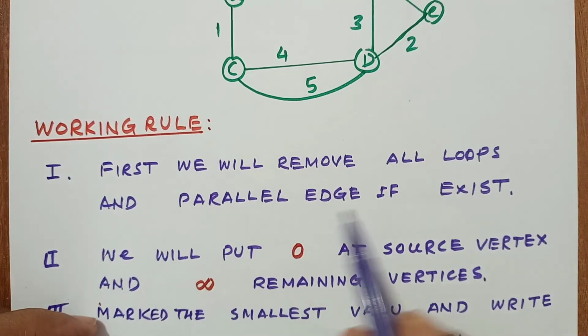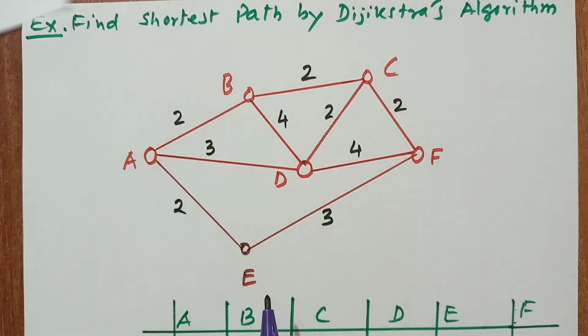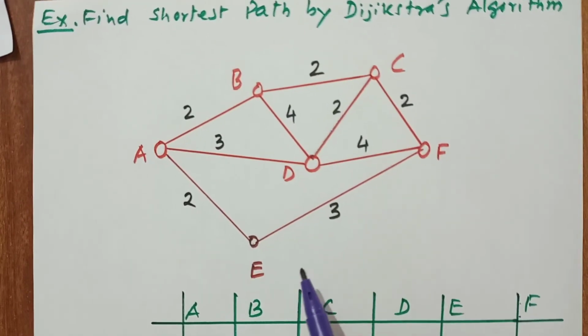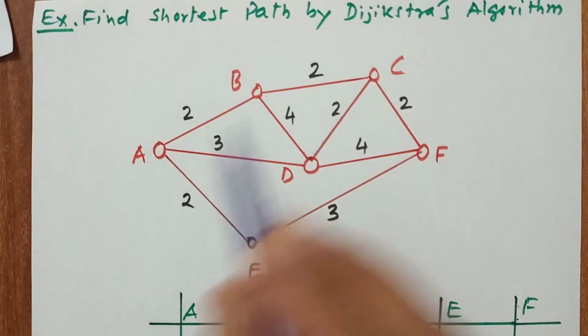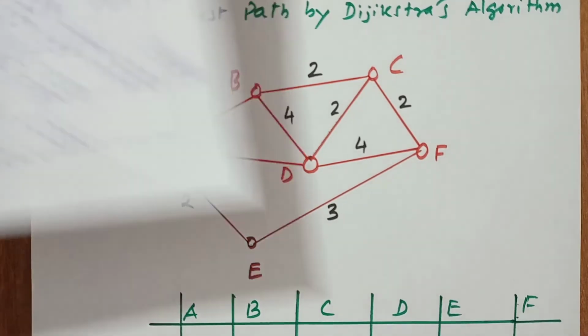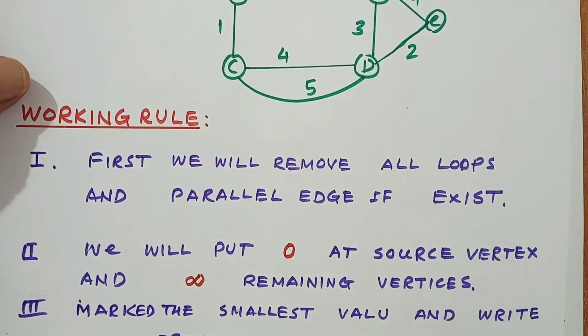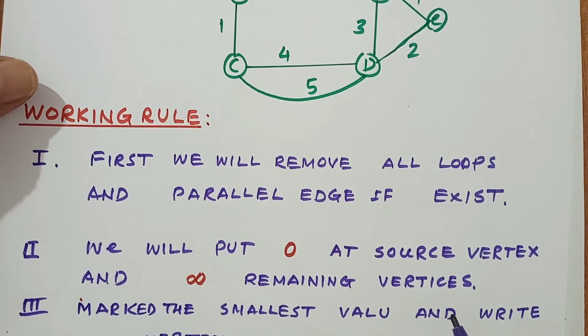First we will remove all loops and parallel edges if they exist. In this graph there is no loop or parallel edge, so no need to use the first step. Next step is we will put 0 at the source vertex and infinity at the remaining vertices.